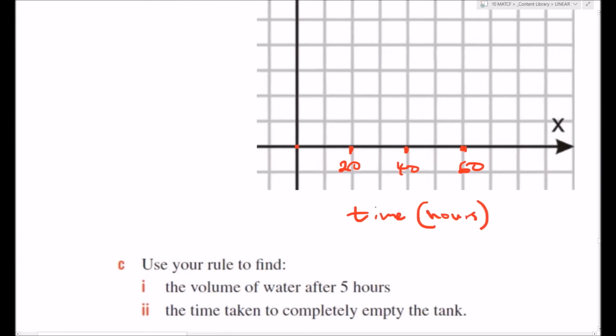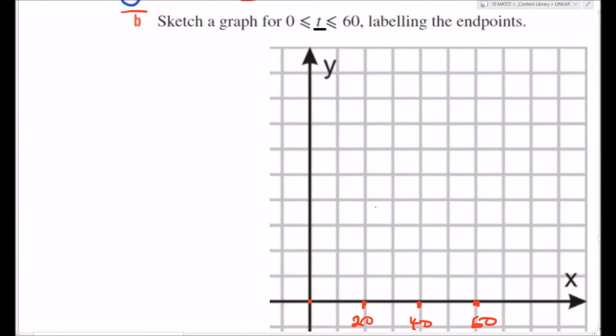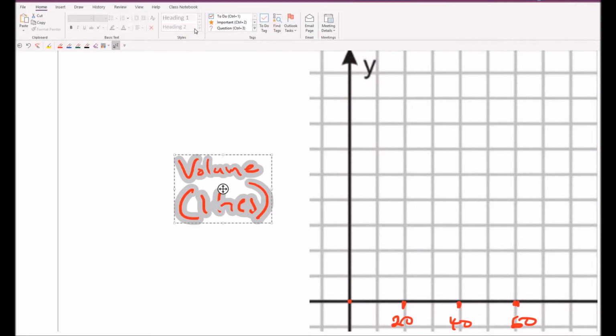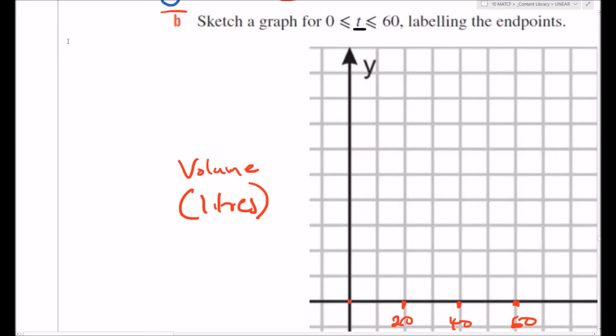If that's time in hours, that must mean that on the y-axis, this must be your volume, and this is in liters. Which means that V is your y-axis. That's where your y-axis is going to be, where V is.